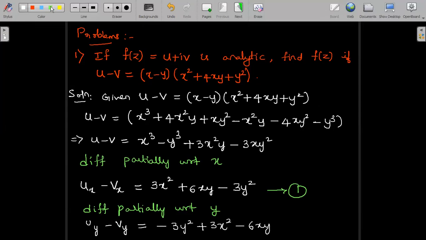Let me explain the differentiation once again to you. So with respect to y, when we differentiate partially, it will be uy minus vy, and x cube differentiation goes to 0 when we are differentiating partially with respect to y. So 0 minus y cube differentiation is 3y square and y differentiation is 1. So 3x square remains. Y square differentiation is 2y. So 3x into 2y gives us 6xy. So this is equation 2 for us.